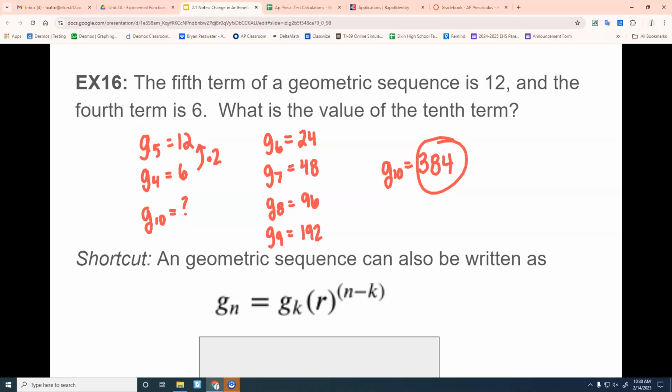So did anybody do this without just looking at each term? Did anybody do it differently? What'd you do, Reese? Okay, what'd you get for your function? Okay. How'd you get that 3/8? Right.